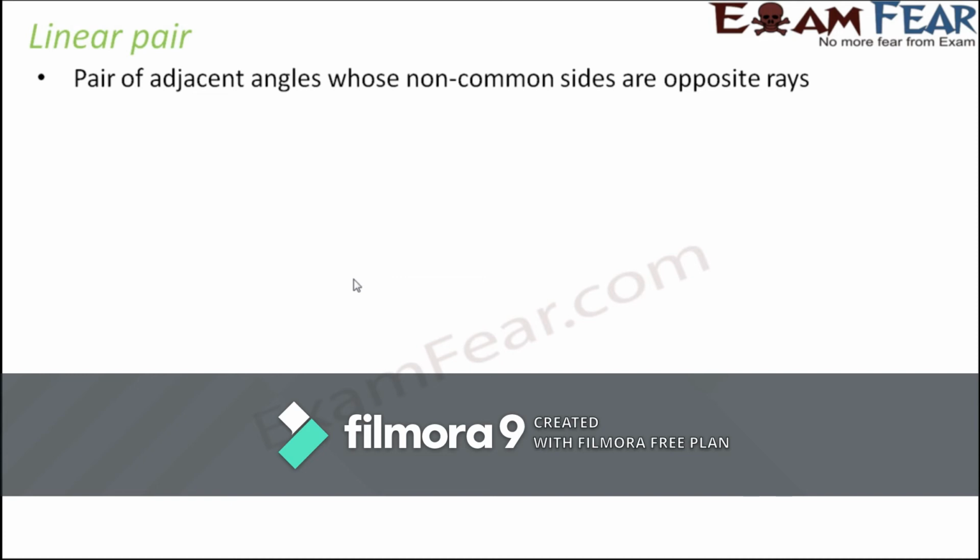Now we all know ray. Ray is that part of a line which extends only in one direction. So the other side is fixed, but this end is extending infinitely. So that's a ray. So when we say opposite rays, that means two rays which are extending in the opposite directions, somewhat like this. So these are opposite rays.